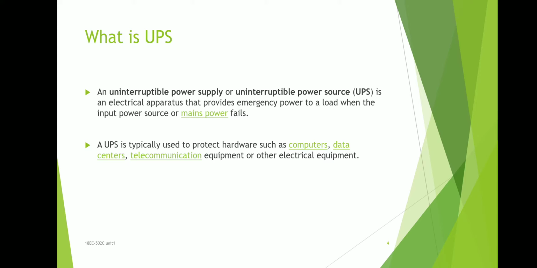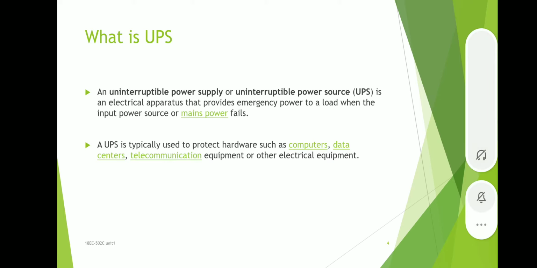Here we can use the device called UPS. The name itself, uninterruptible power supply, means it provides the power supply without any interruptions. This is a device that provides power to the load whenever the input mains power is lost.